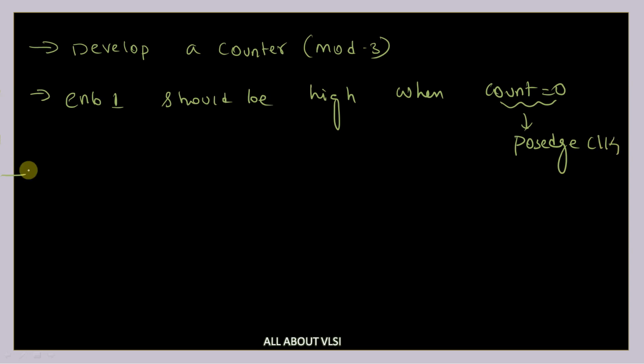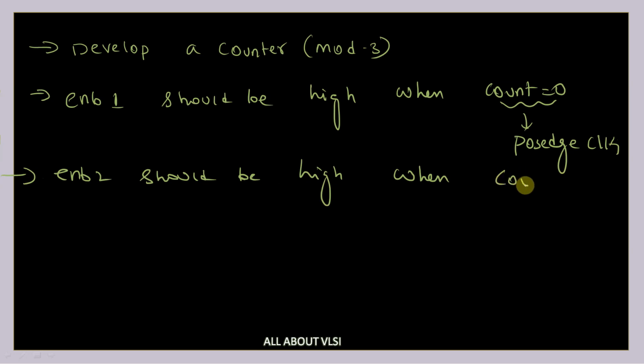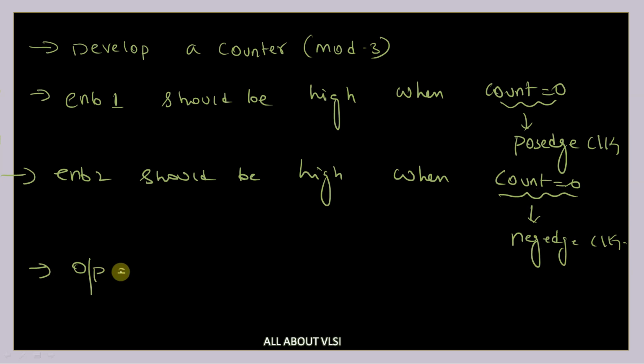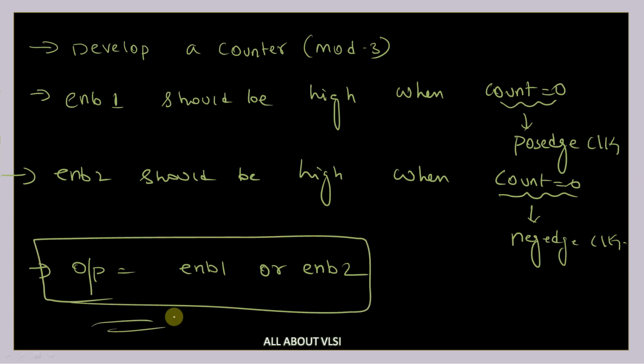And enable 2 signal should be high when count is equal to 0 only, but it is happening at the negative edge of the clock. And simply our output is nothing but the OR operation of enable 1 and enable 2. So these are the steps which we are going to follow for getting frequency division by 3 with 50% duty cycle.